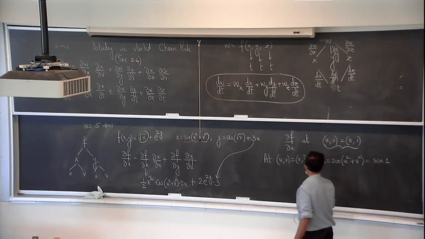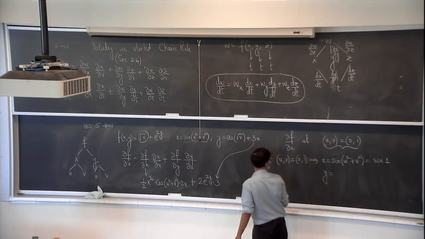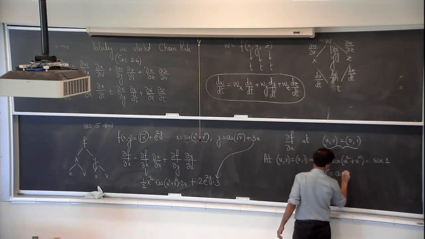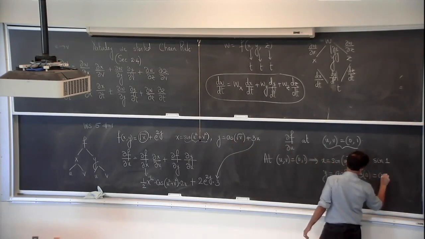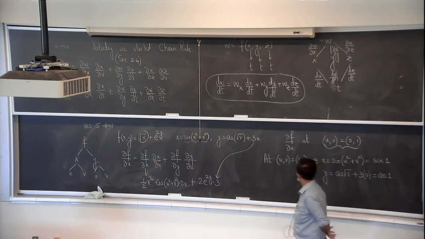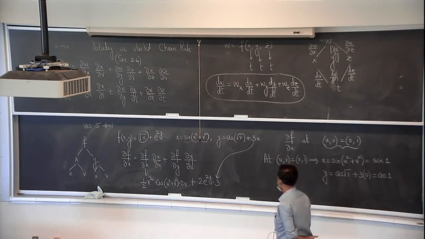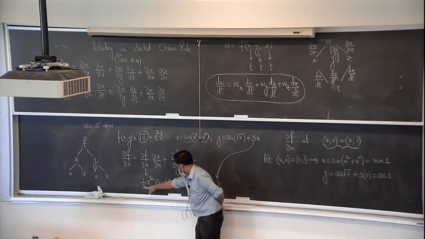And Y is cosine of root V plus 3U, and that's going to be cosine of the square root of 1 plus 3 times 0, and that's equal to cosine of 1. So if you plug in U equal to 0 into this term, actually this whole entire term is going to become 0.